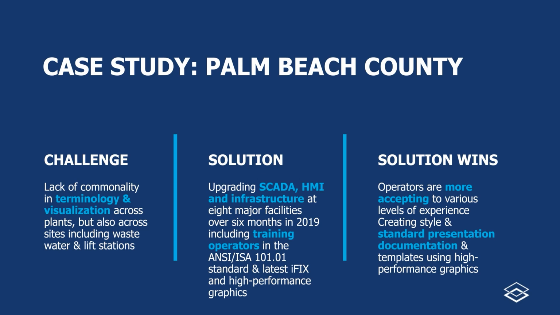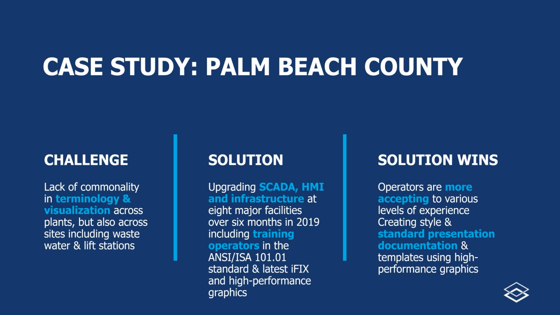The solution? Upgrading the SCADA and HMI system and its infrastructure at all 8 major facilities. This is in progress right now, and over the 6-month period in 2019, this will include training the operators within the ANSI ISA 101 standard and the latest iFIX and high performance graphics.